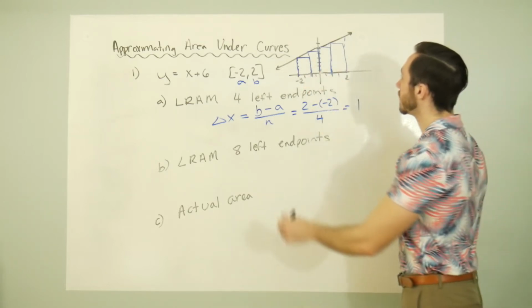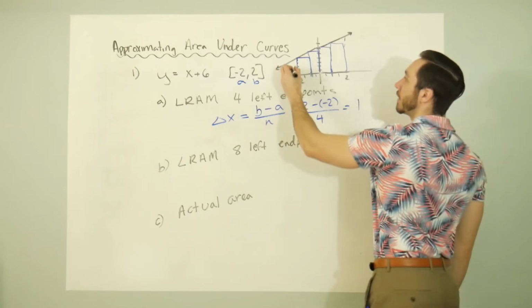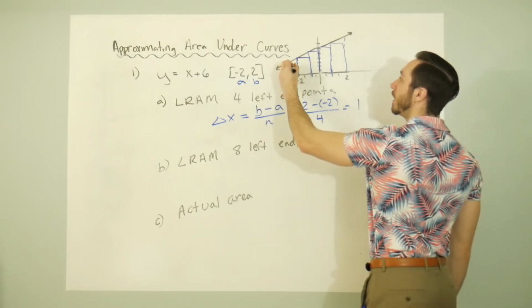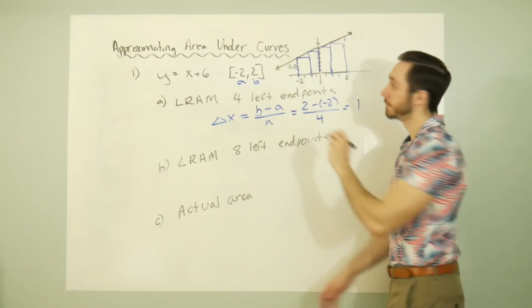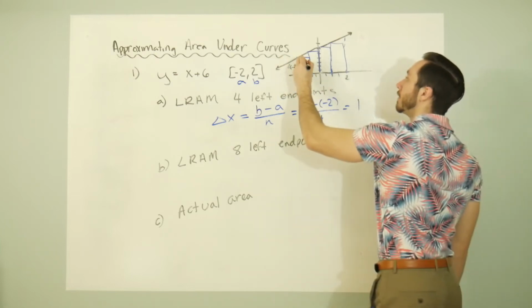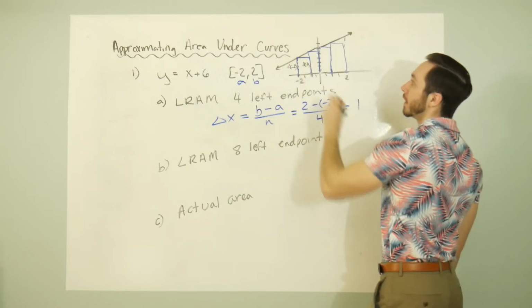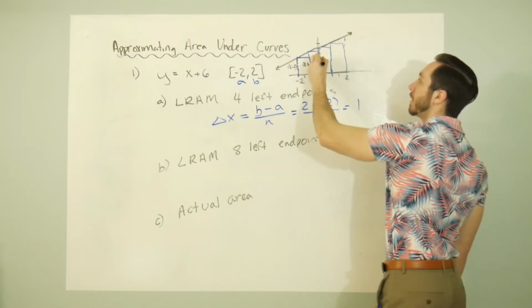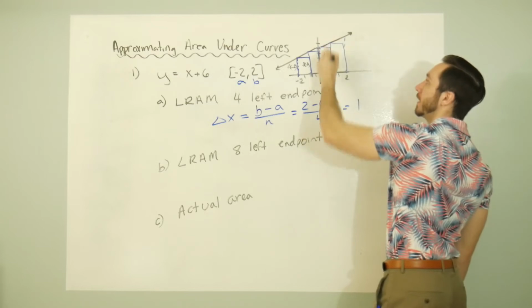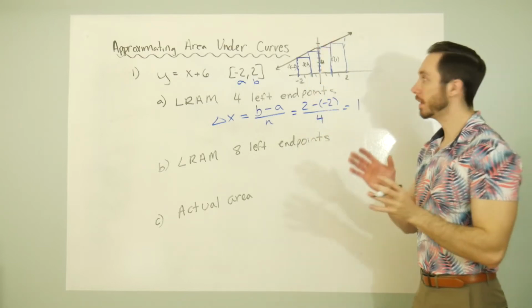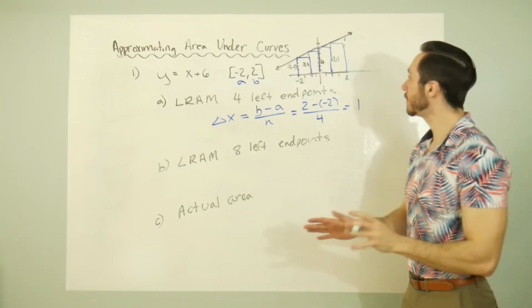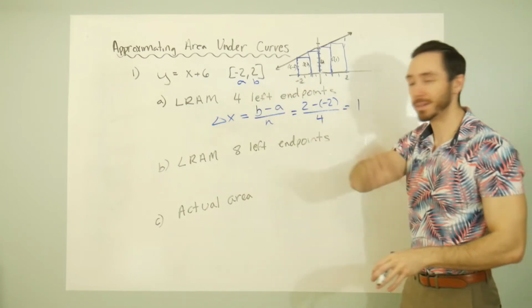This height is going to be f of -2. This is just the output at -2. This height is going to be f of -1. This height is going to be f of 0. And then finally, this height is going to be f of 1. So those are the lengths. I obviously need to actually compute them by plugging in values, but let's show our work for it.